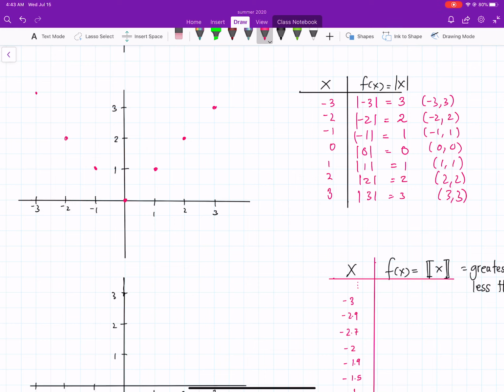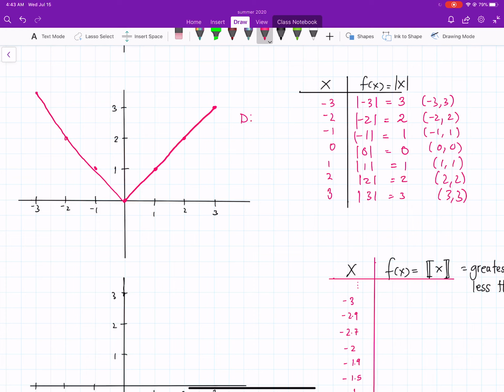So it looks like these are straight lines. So we can see that if you have an absolute value graph, it looks like you have a V shape pivoted at the origin.